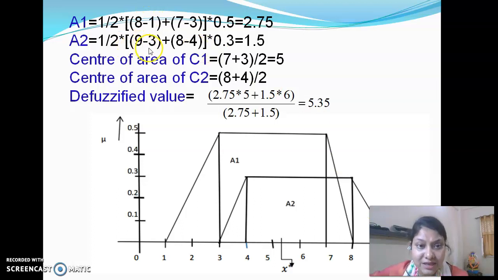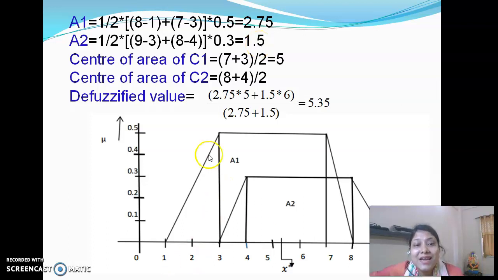So 9 minus 3, plus this is the area where this membership function has the highest degree of membership, so this is 8 minus 4. We need to find the mid of this region, 1 by 2, multiplied by the highest membership value, which is 0.3. This expression gives us a value of 1.5.